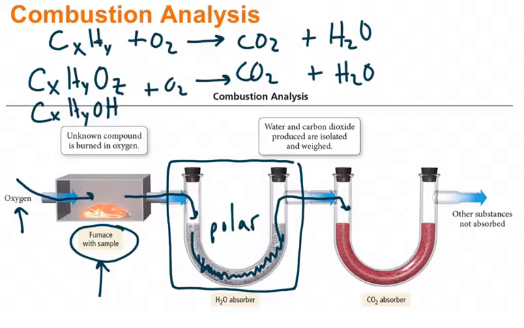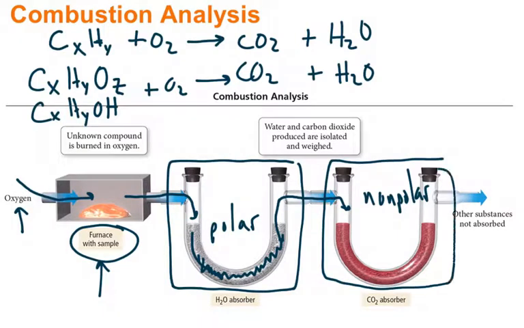Now, carbon dioxide is a non-polar gas. As carbon dioxide is generated, it's going to be pumped along. The water vapor gets collected in this compartment, and then the CO2 is going to be collected here.